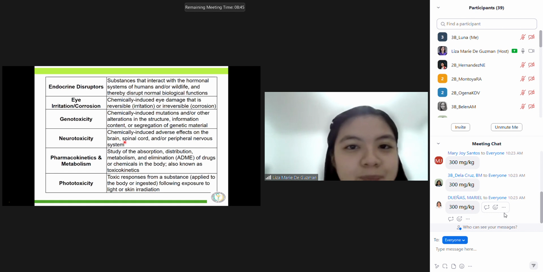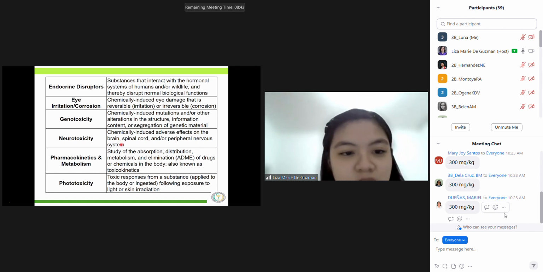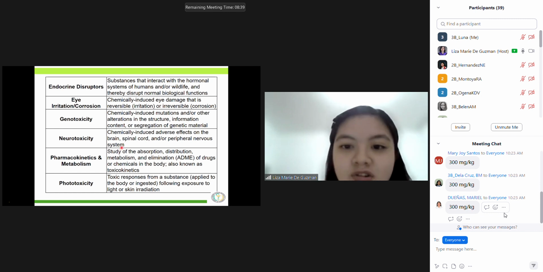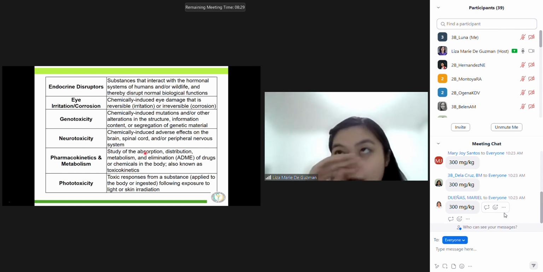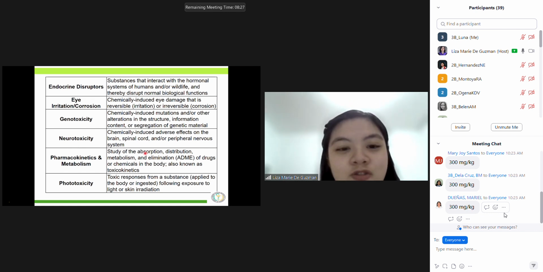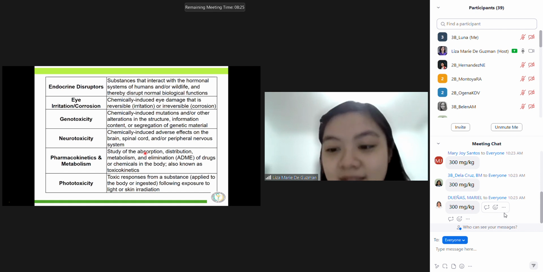I performed this one. Then genotoxicity, so chemically induced mutations or alterations to the DNA or to the genetic material itself. We also have the neurotoxicants, their effects on the brain, spinal cord, PNS. So if we have pharmacokinetics for drugs, we also have toxicokinetics. So we determine the ADME of these chemicals or drugs.